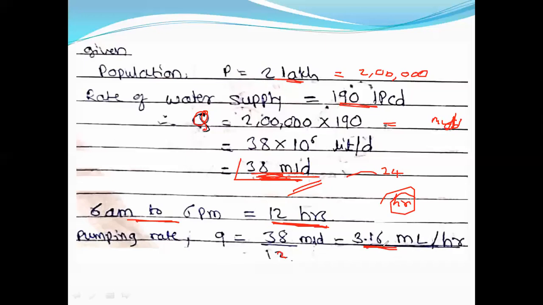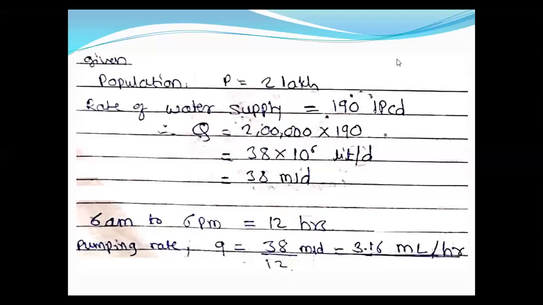So this much should be the capacity of pumping or pumping rate. So you can write here small q is equal to capital Q divided by 12. You will get 38 divided by 12 is equal to 3.16 million liters per hour.